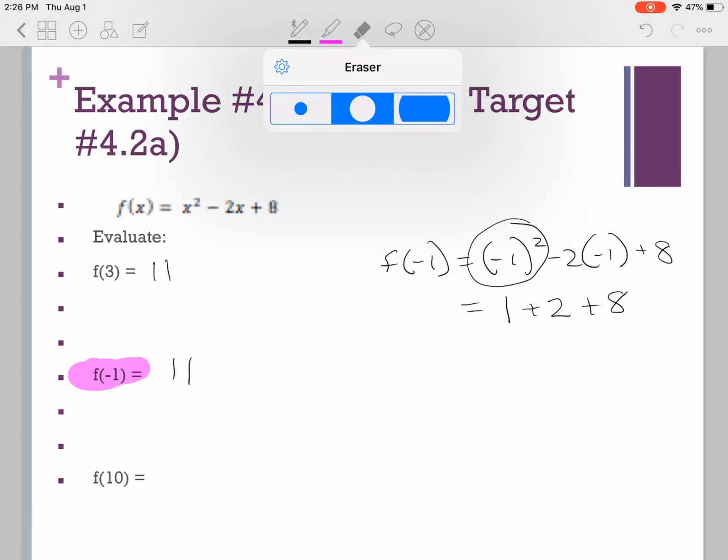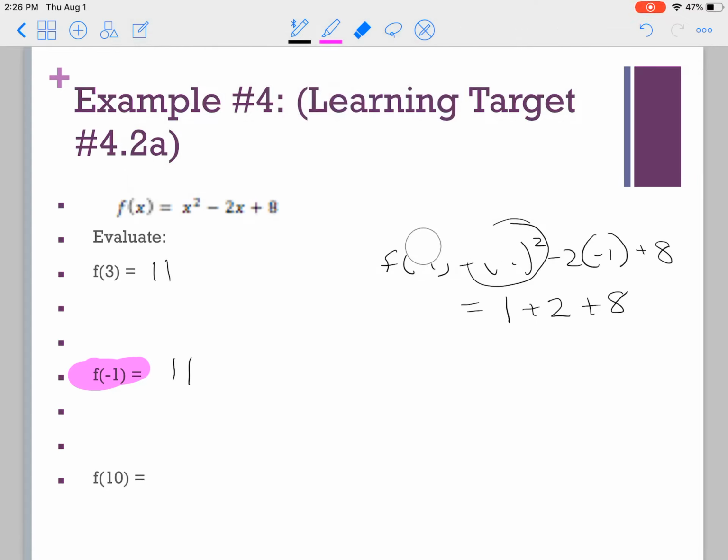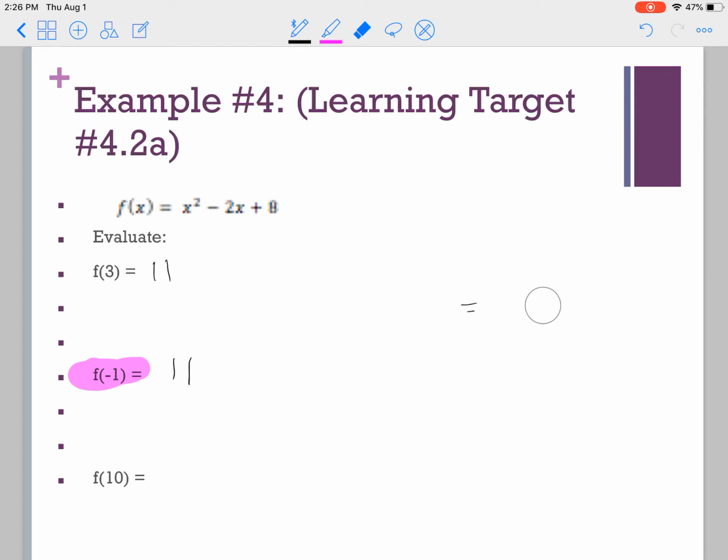Last example. What happens when f of 10? So f of 10, replacing x with 10.